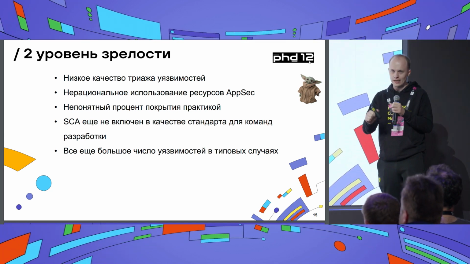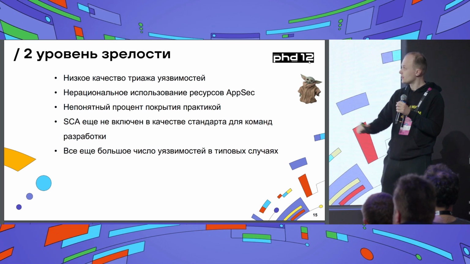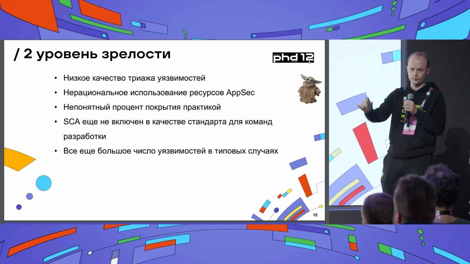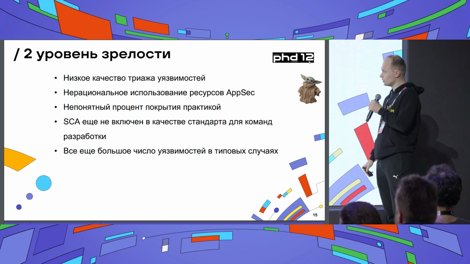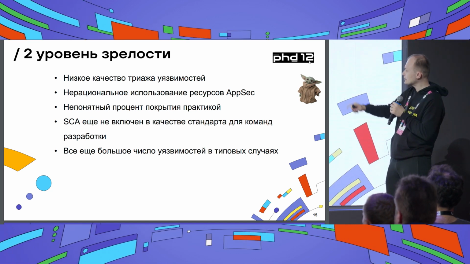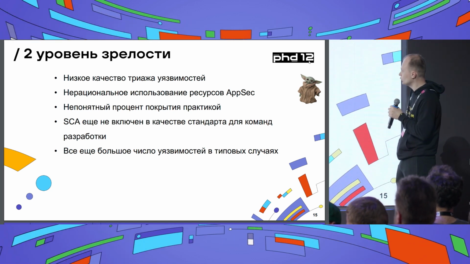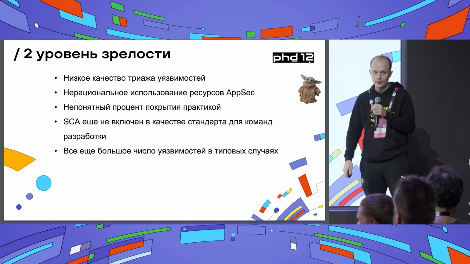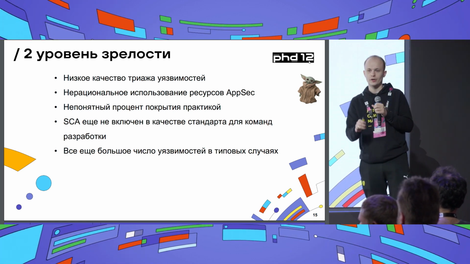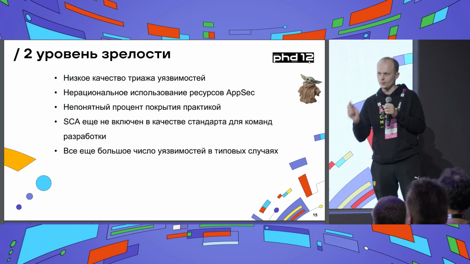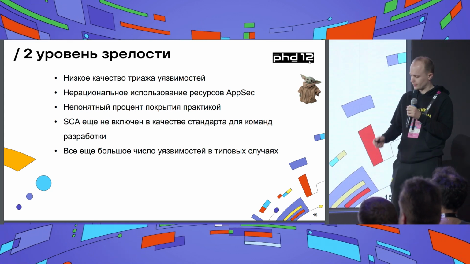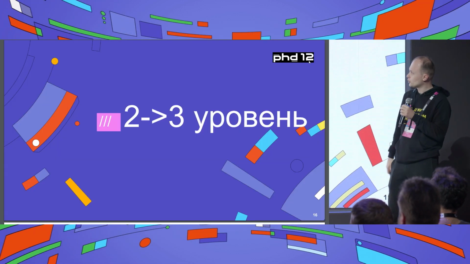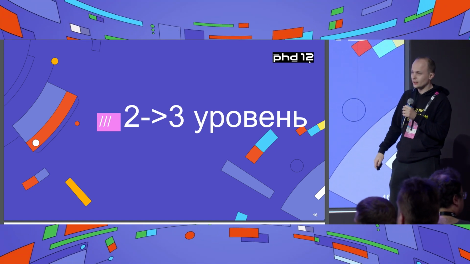This is standard. This is something which every employee of this company should do. SCA is not in that standard yet, but we are striving for that. And we still have a lot of vulnerabilities in typical cases when many teams come to you and have the same vulnerability, and this can be cured.